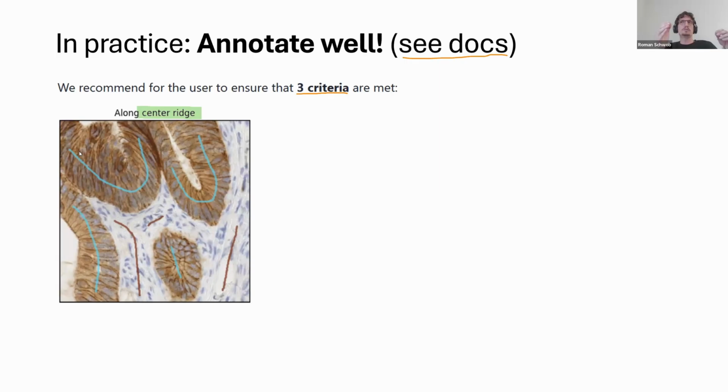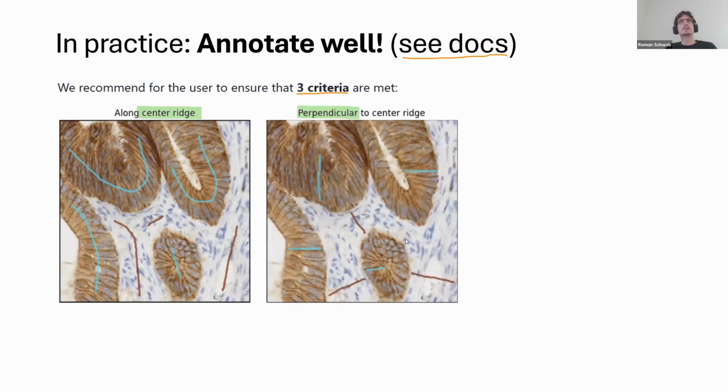You catch the snake's tail, but you also catch the snake's head. The second criterion is the opposite: you also want to take some annotations perpendicular to the center edge, because then you catch all the variability in the other dimension.